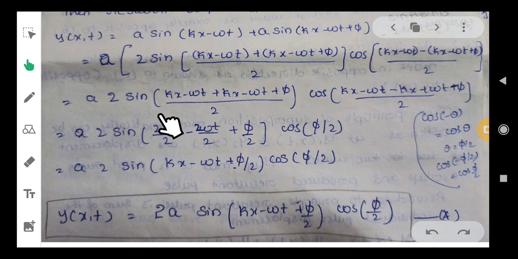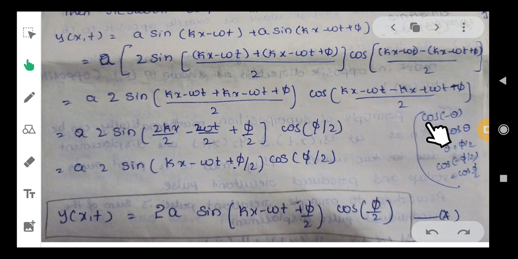And next is simplification: kx plus kx is 2kx, divided by 2. Minus omega t minus omega t is minus 2 omega t, plus xi, divided by 2. In cos, plus kx minus kx cancels out, minus omega t plus omega t cancels out. Remaining is cos of minus xi by 2.